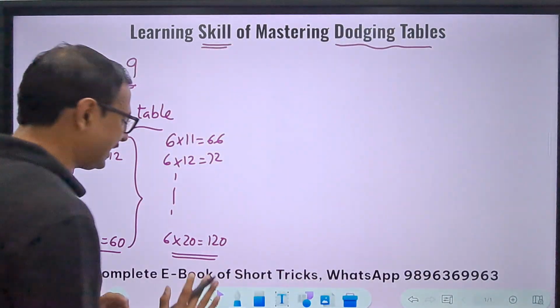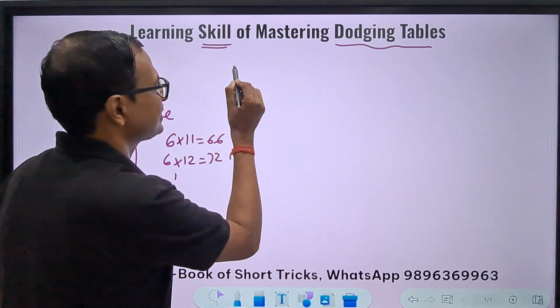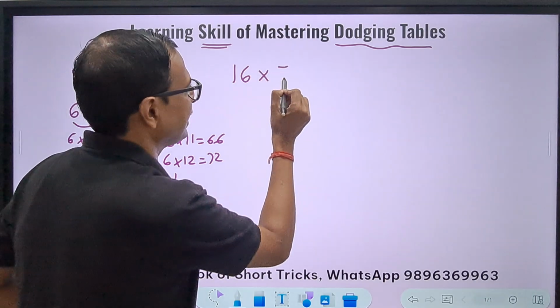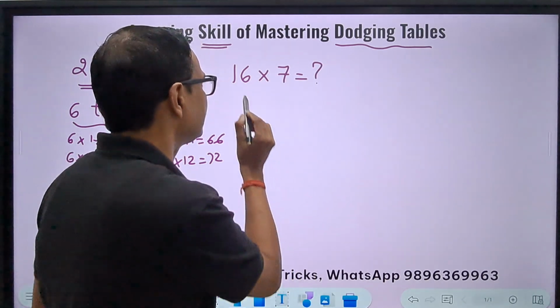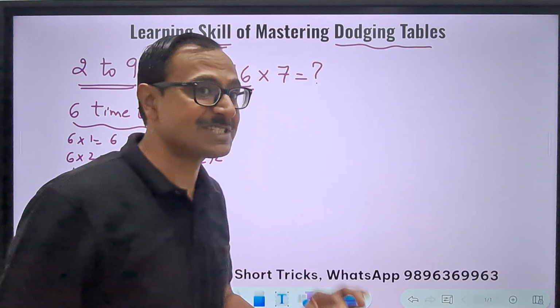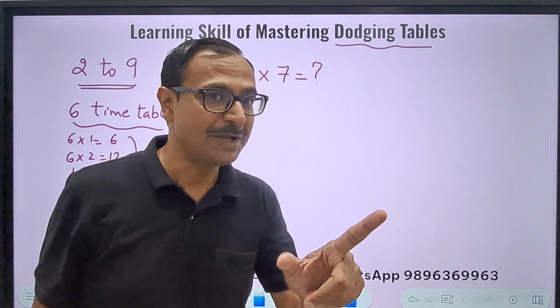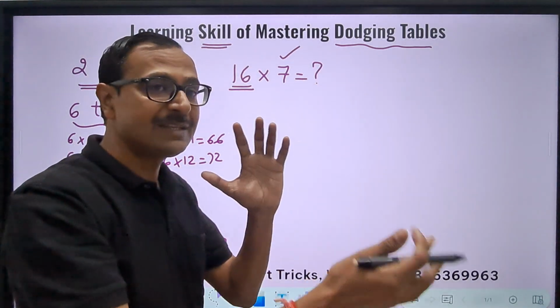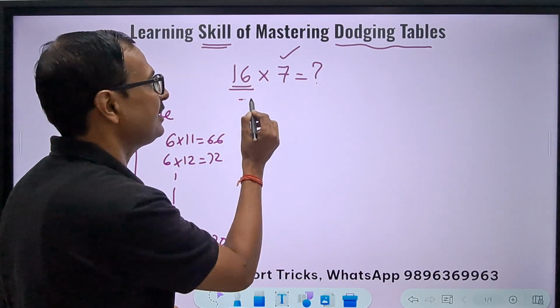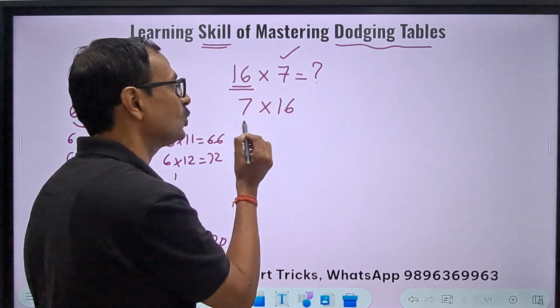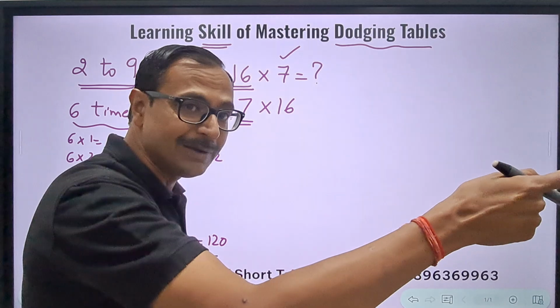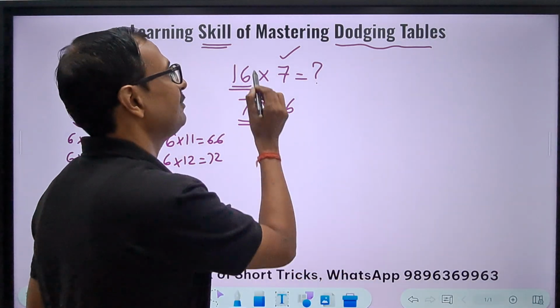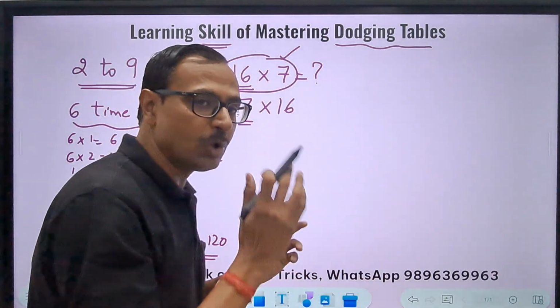Because if you ask the child 16 7 times is what? Now the child is thinking about the table of 16, and that's difficult. But if you have taught him the table of 7, he can think the other way around. 7 times 16, because he knows the 7 times table up to 20. So if he knows this, he will tell you 16 times 7 also.